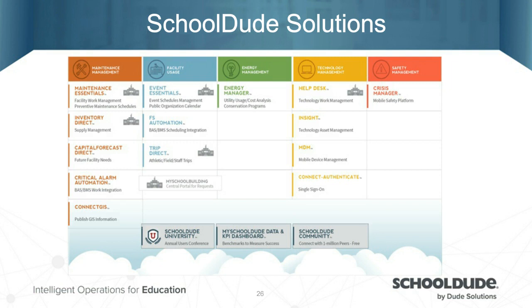Facility usage, Trip Direct. There's a lot of different products specific to our schools, but also we do work with energy, a new product, Energy Manager, helping us track all of our utility accounts. And then safety, another tool that we actually use here in our shop. It's a mobile app technology that allows us to communicate information on demand and messaging on demand, but also just be a central hub for any information that we want our teams to have access to at any time on a native app that does not even require an internet connection.